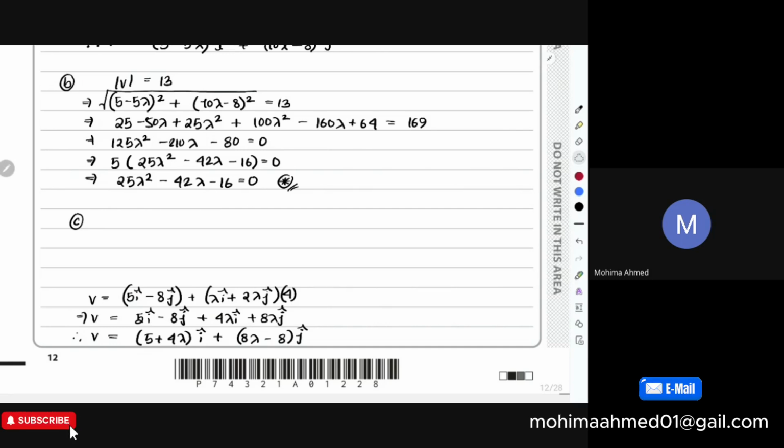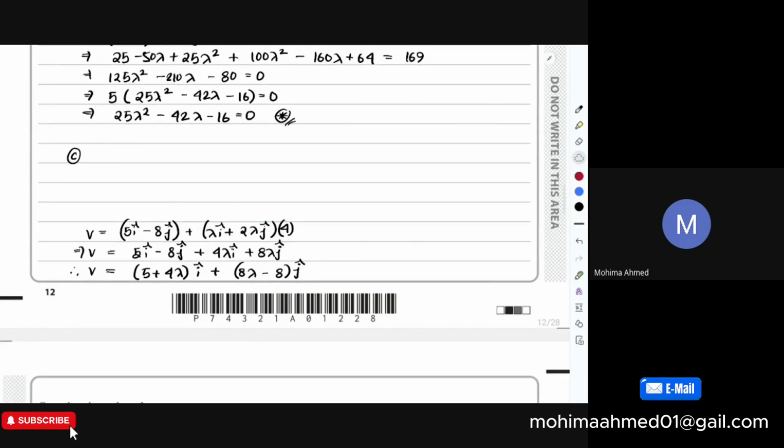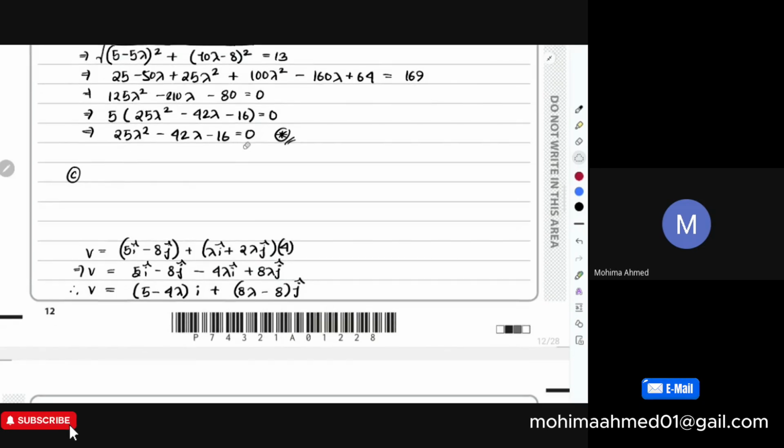Any questions? I think it's minus lambda i. Minus lambda i, okay. It was negative then. So we wrote 8 lambda, and so this is going to be negative, right? Minus 4 lambda.